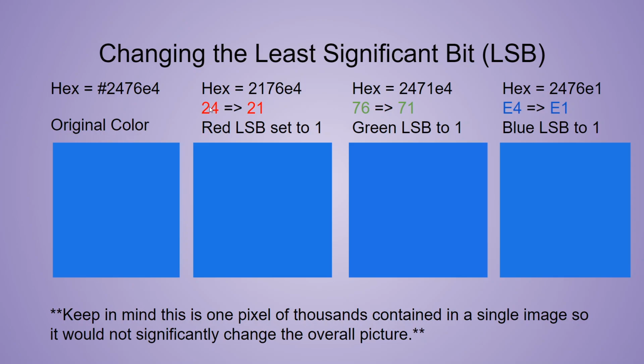For instance, this is changing 24 to 21, 76 to 71, E4 to E1, and you may notice that the color changes in some cases drastically, others maybe not so much. But keep this in perspective. This is one of thousands contained in a single image. So unless you're looking very close up like we are right now, you're not going to see this change.